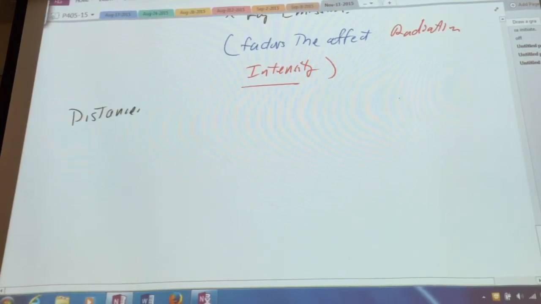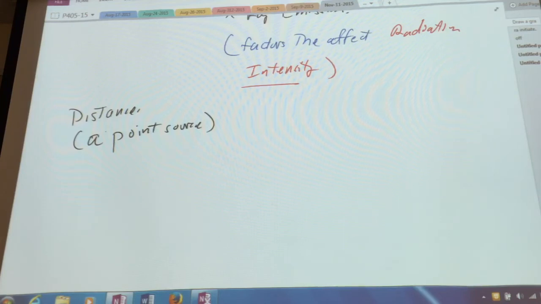So we're thinking about distance, and we're imagining that we're dealing with, of course, a point source. And what is that distance relationship for a point source? The further you are from the source, the less intensity. The intensity decreases as you increase your distance. What's the famous name of this law? Inverse square law.